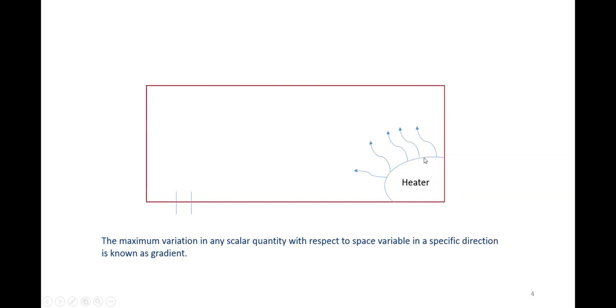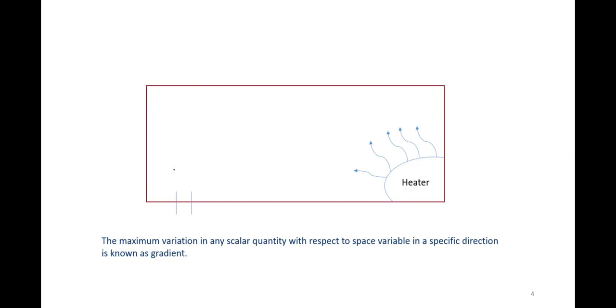The heater produces temperature. Now what is the gradient? The gradient is basically defined as the maximum variation in any scalar quantity in a specific direction. So that is known as potential gradient.